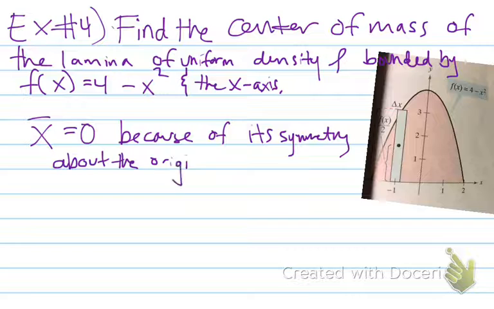If that ever happens, you automatically know what that is centered around because it's automatically symmetrical. So obviously it's going to have the same weight on both sides, so its equilibrium point will fall right in the middle. As far as y bar is concerned, that one's a little bit different.